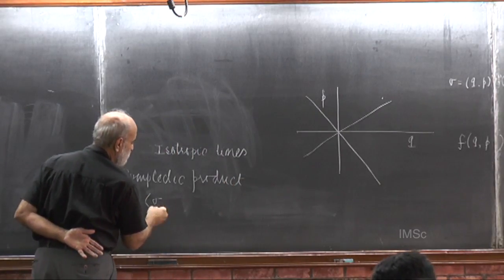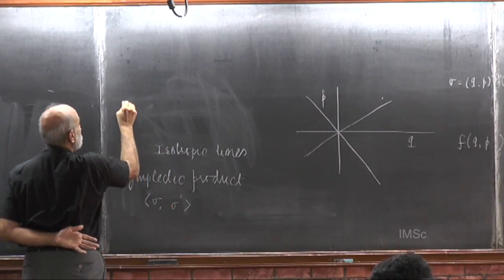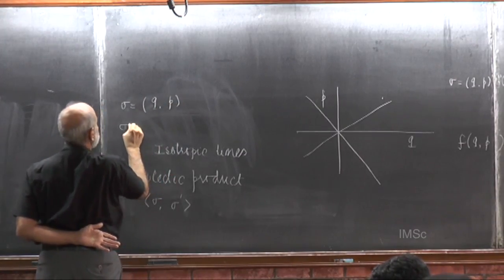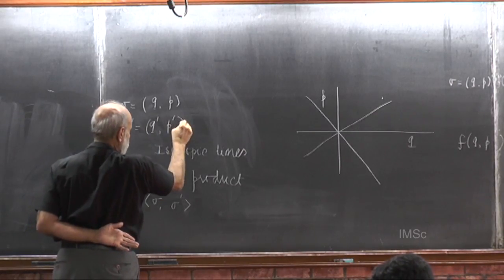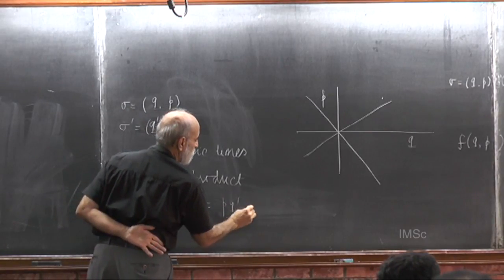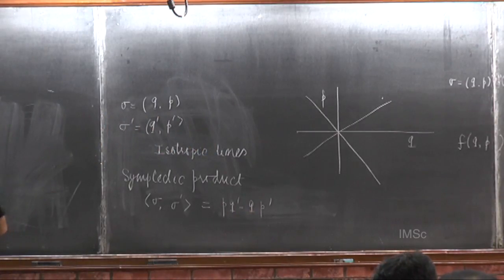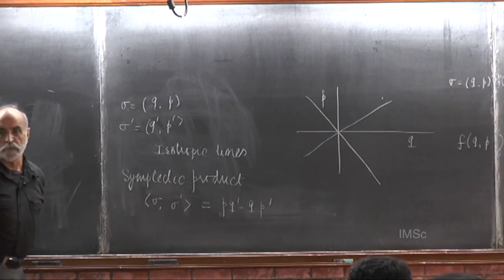Suppose I have a point sigma on the phase space, sigma prime, where sigma stands for a point (q, p) in the phase space, sigma prime stands for (q prime, p prime). Then the symplectic product of sigma and sigma prime is defined as p q prime minus q p prime. So, with any 2 points in the phase space, you can define a symplectic product, and this is the definition of the symplectic product.